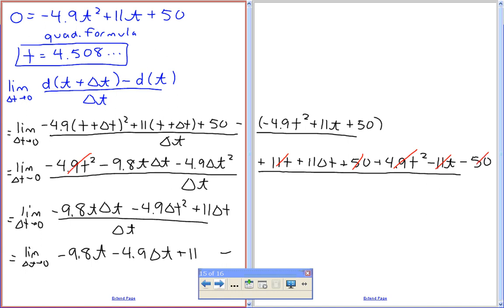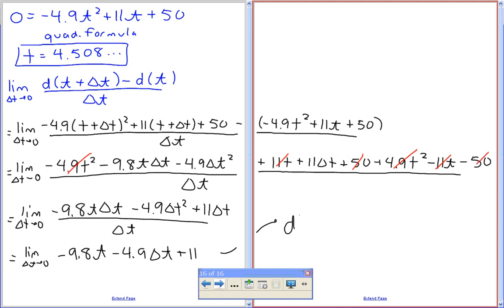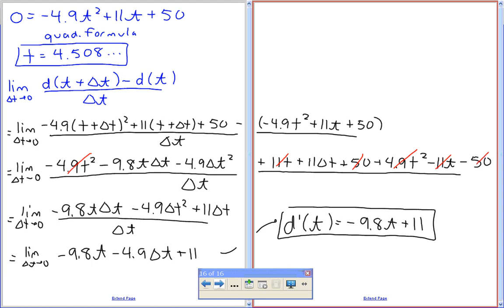So we get d prime of t equals negative 9.8 t plus 11. This should be a standard derivative, relatively good.